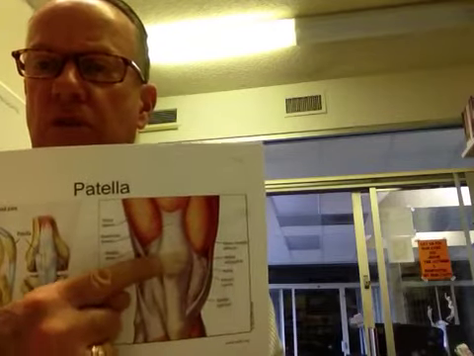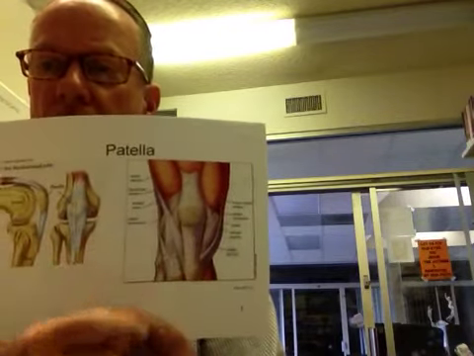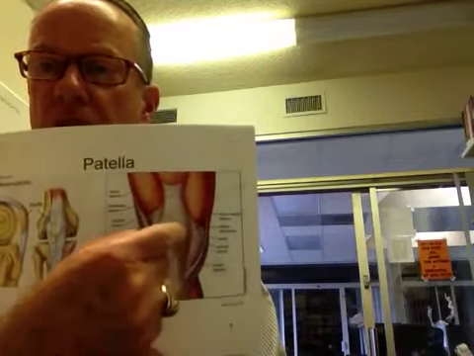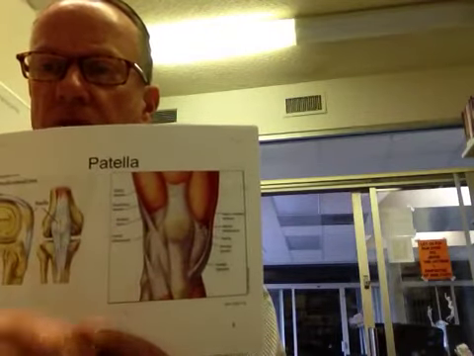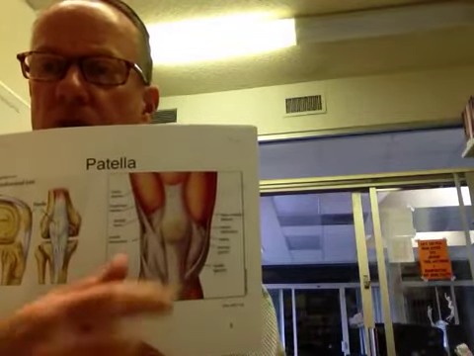Watch me: this tether would prevent the patella from tracking medially. This retinaculum would keep it from tracking laterally. So the patellar collateral ligaments are also known as the patellar retinaculae.